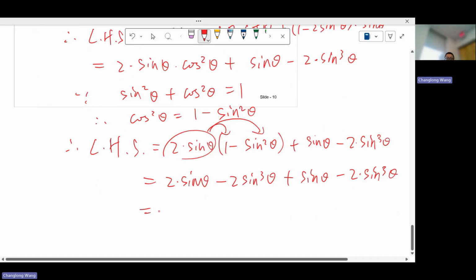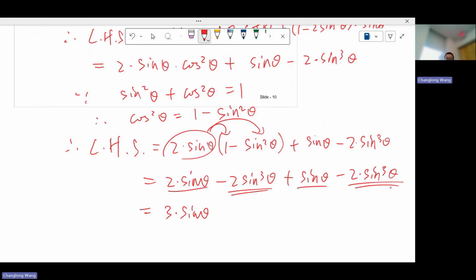All right, so combine the like terms, right? So you get 3 times sine theta. And also you have the cubic term, which gets combined as negative 4 sine to the third theta, right? And that's indeed the same as the right-hand side.